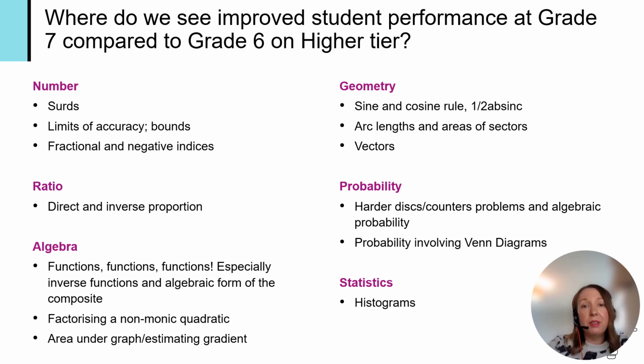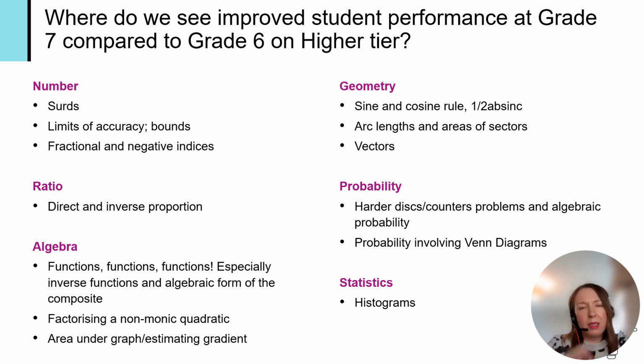Okay, so we've summarised the result of that analysis on this slide here. This is a summary of themes of where we see students at grade 7 being a lot more successful in these topics than their grade 6 counterparts. So a good indication of some areas where your students targeting grade 7 could experience success and would be useful to target.